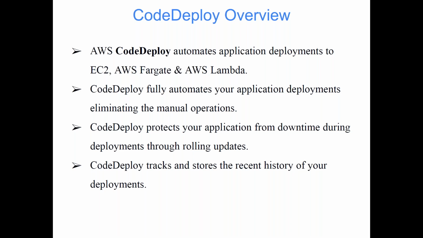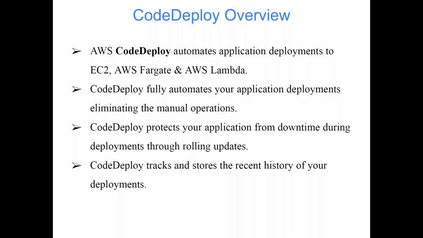CodeDeploy protects your application from downtime during deployments through rolling updates. Let me explain this third point. Suppose your current application is working perfectly fine, but now you are planning to roll out upgrades with a newer version. When you are rolling the updates, you don't want your application to suddenly stop working.